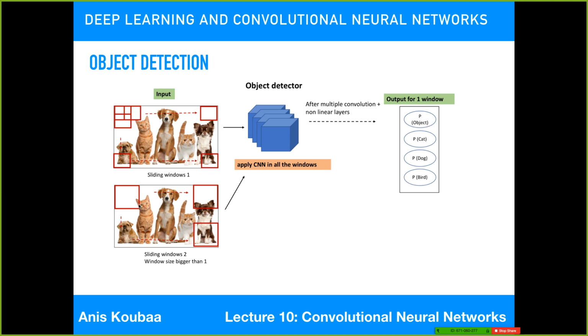For example, I will take this window here and pass it through a classifier, and the classifier will tell me whether there is an object. It will apply just classification and localization. But we will not process the whole image as a whole, because the image will contain a lot of objects. So we take this part, this part, this part, and every sub-image is going to be processed by an object detector or classifier.